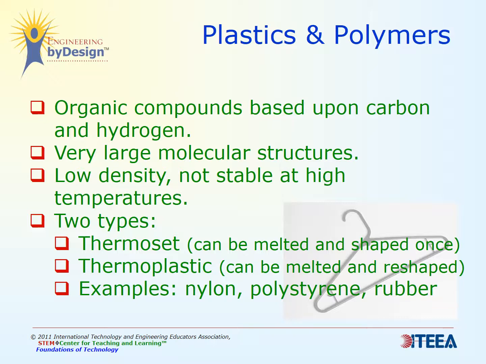So I guess it's easier to say thermoset because you're melted and the way you're shaped, that's the way you're set. It cannot be changed. Thermoplastic, you can be melted. They can go back and reshape it. So you've got something that was one way, you go back and melt it again and change it. Examples: nylon, polyester, and rubber, like the rack there.